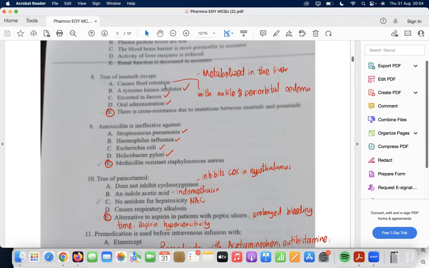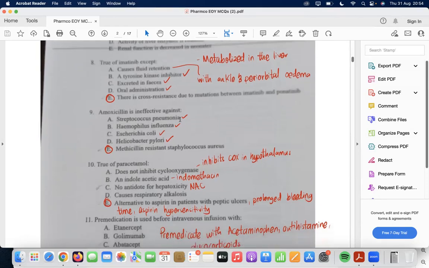It causes fluid retention, that's true. So the false statement is that there's cross-resistance due to mutations between imatinib and bromatinib. I don't know if cross-resistance works that way. So moving on to number 9.